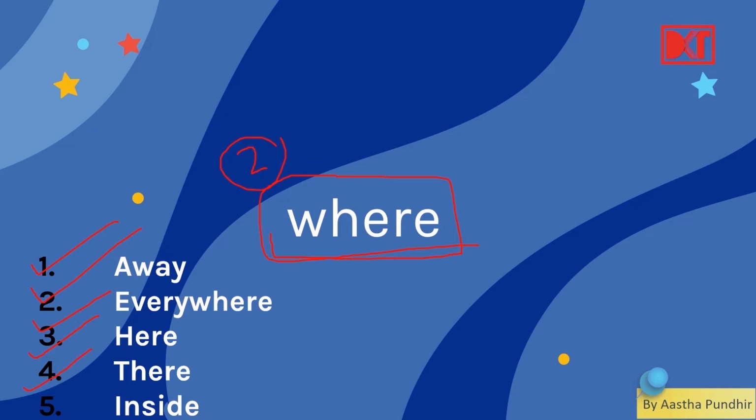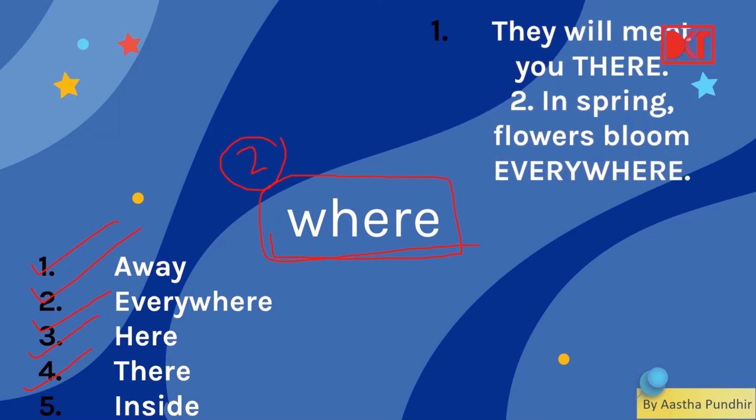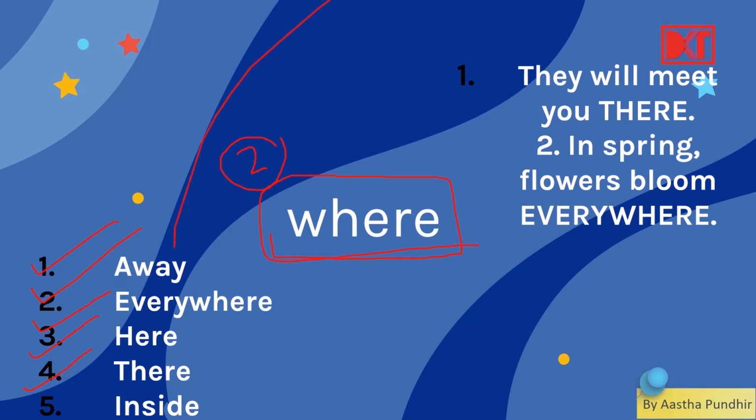These are only a few examples. Now the examples in sentences: they will meet you there. Which word is answering the question of where? There. Where will they meet you? They will meet you there.